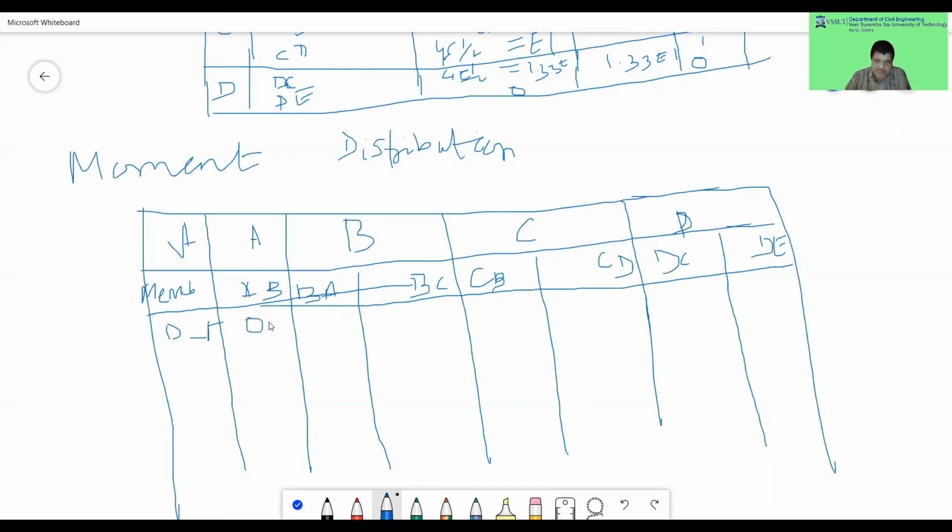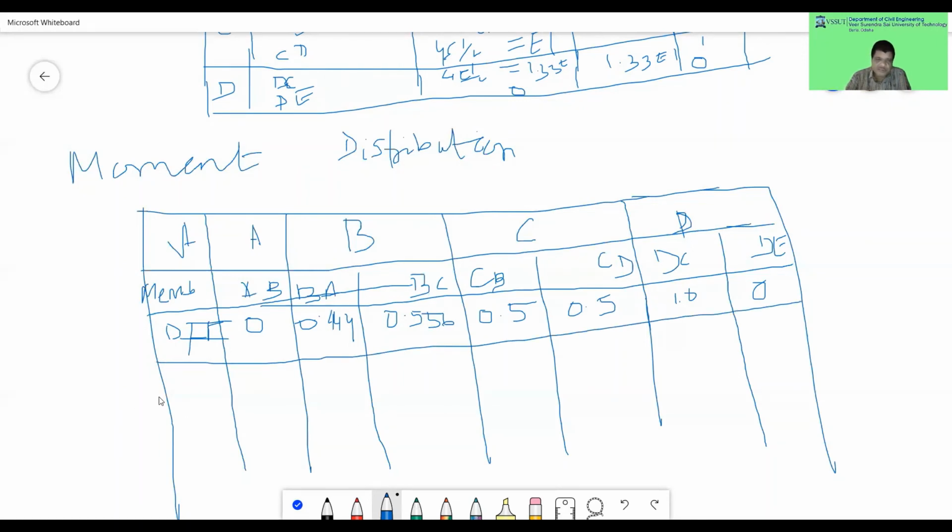And here it is 0.444, 0.444, 0.556, 0.5, 0.5, this is 1, this is 0. So these are the distribution factors. Then write down the fixed end moments, FEM. What are the fixed end moment values? Here it is minus 19.2.